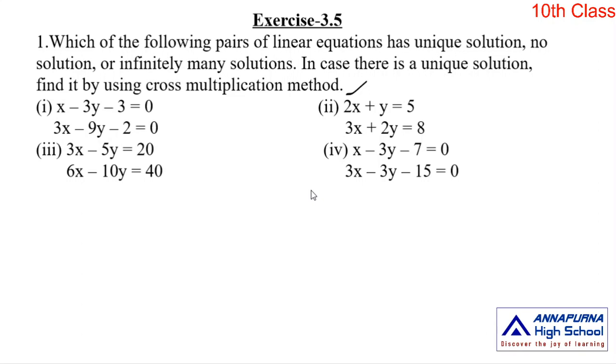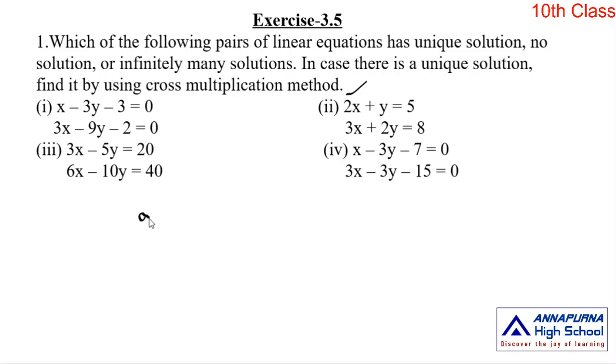We can easily find out by comparing the ratios of the corresponding terms. We can easily say it has unique solution, no solution, or infinitely many solutions once we recall that.